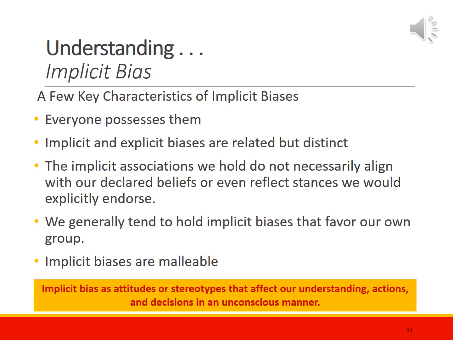The implicit associations we do hold do not necessarily align with our declared beliefs, or even reflect stances we would explicitly endorse. And we generally tend to hold implicit biases that favor our own group, though research has shown that we can still hold implicit biases against our group, as was our example from Professor Jennifer Raymond and her gender bias experience.